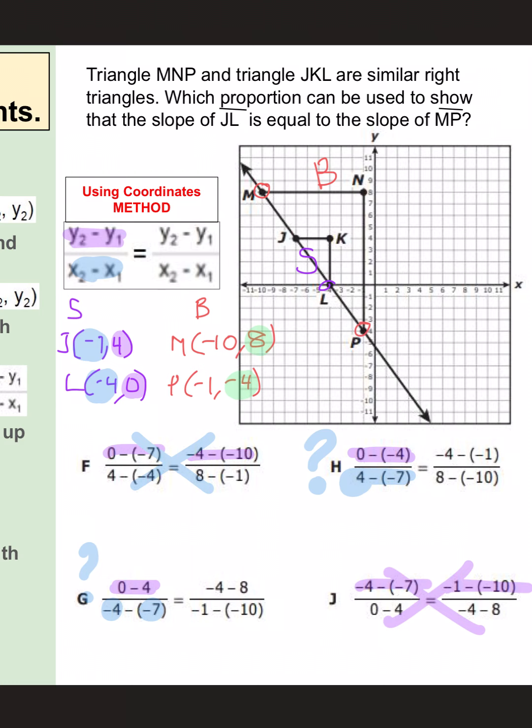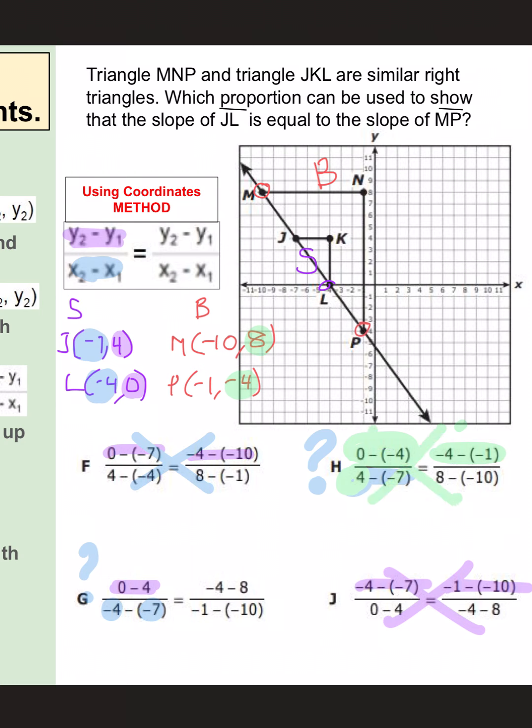That's 8 and -4. So when I look at the numerators again, I should have 8 and -4. I don't. So I definitely know this is incorrect. And I also already knew that it was incorrect because of this 4. It should have been a -4, but I just wanted to verify to be 100% sure.